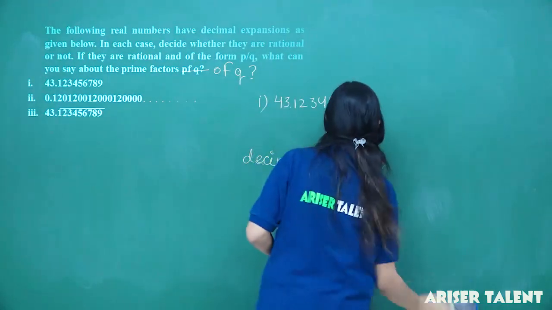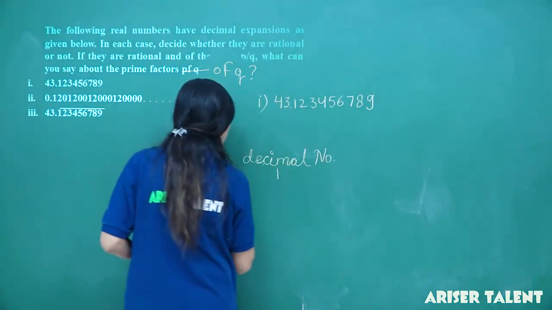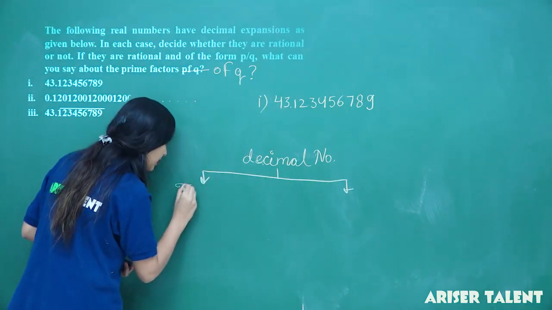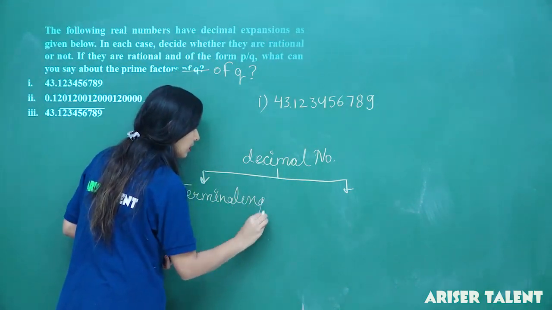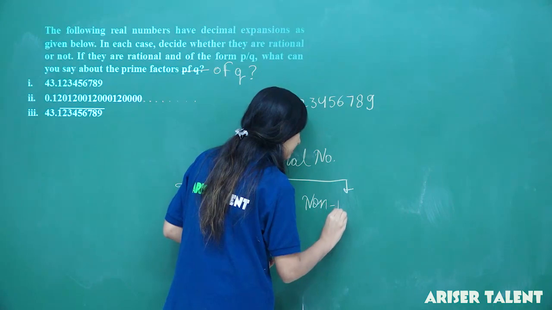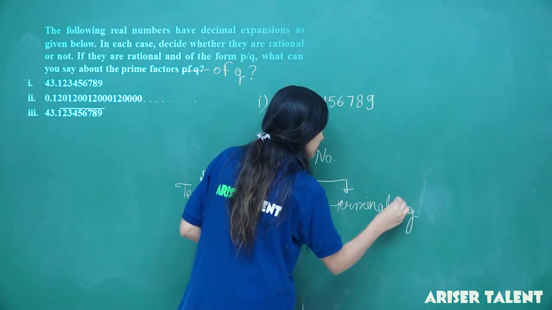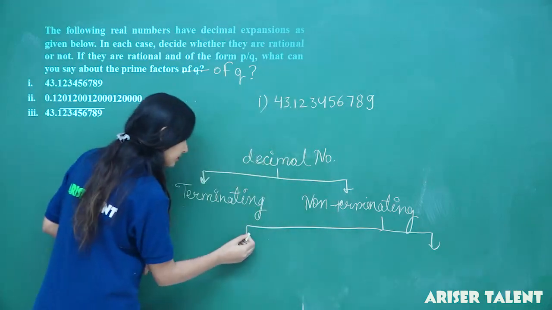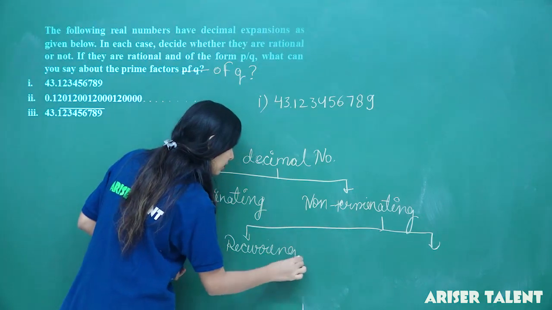And in decimal numbers we find that there are two kinds of decimal numbers. First one was terminating, the second one was non-terminating, and now this non-terminating has two kinds: repeating or recurring type and non-recurring type.